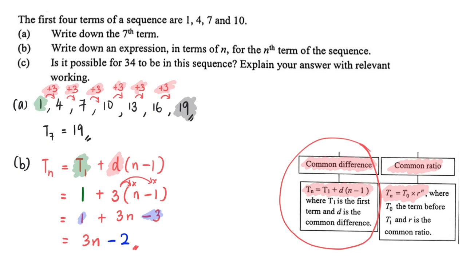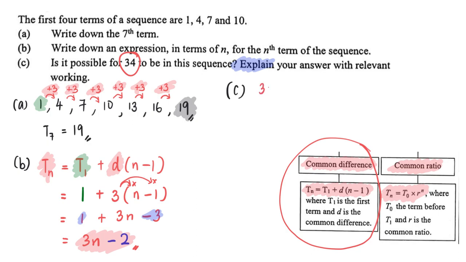And for part C, is it possible for 34 to be in this number sequence? And how then do we explain the answer? So for part C, I'm going to tap on what we have just found here. My Tn, which is 3n minus 2. So if there exists 34, then this is one of the terms.